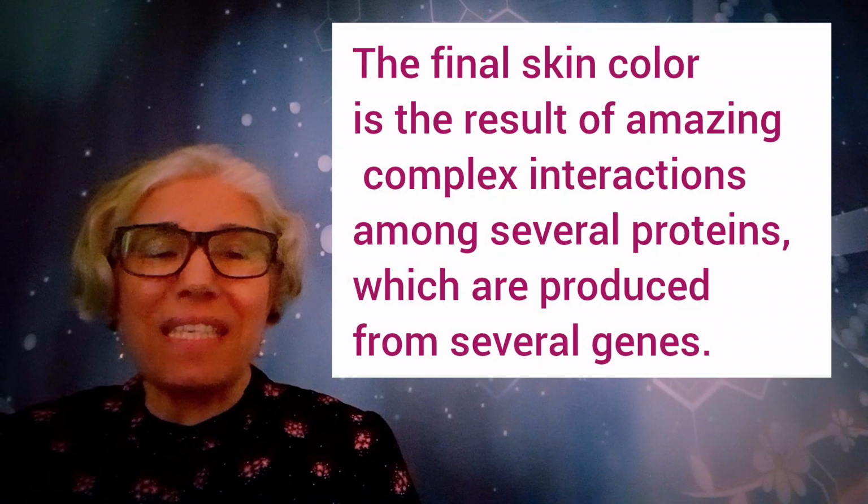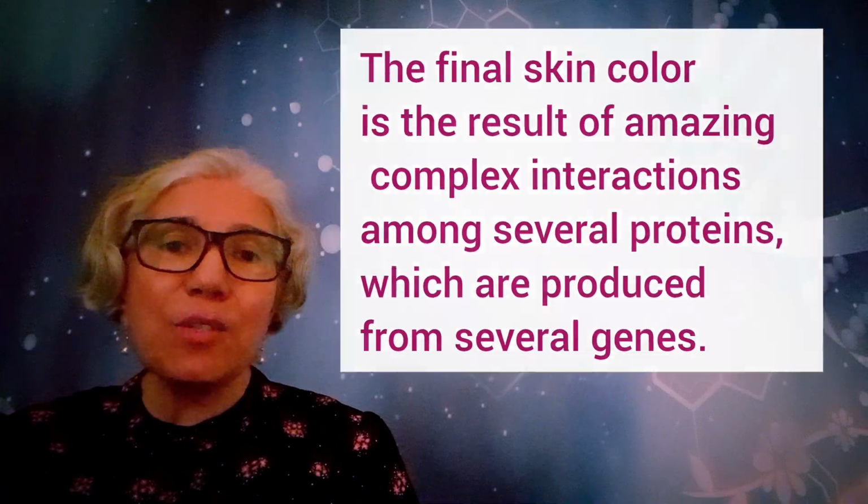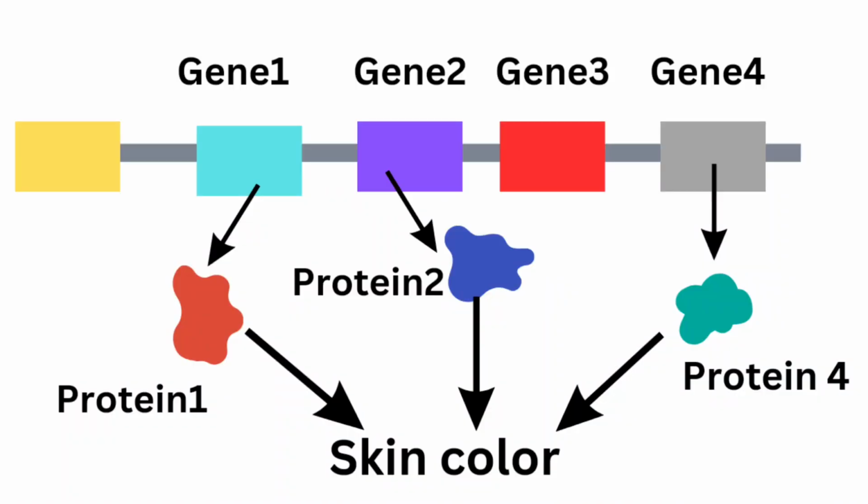The amazing thing is, there are many genes and factors interacting in complex ways to determine the amount of melanin produced. So many genes produce many proteins which interact to regulate and determine the amount of melanin produced in the body, which in turn determines the skin color.